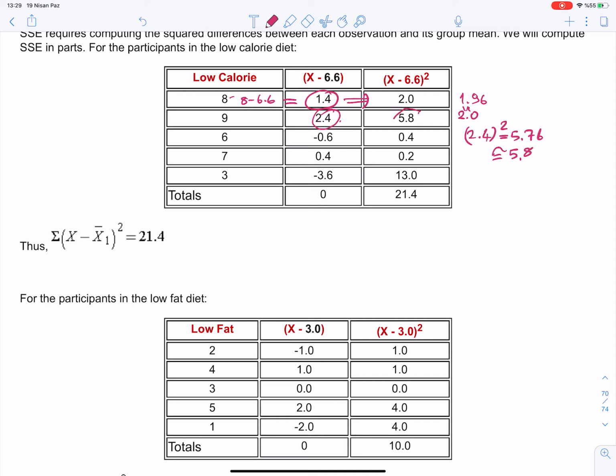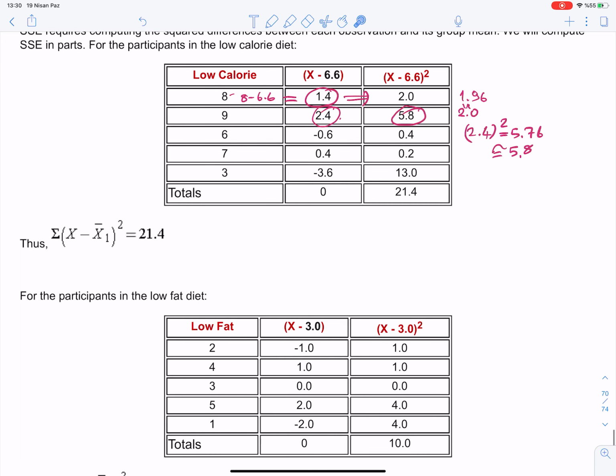That's how you get 5.8. And this is minus 0.6: the difference 6 minus 6.6 becomes minus 0.6, and the square becomes 0.36. Rounded to a single decimal place, you get 0.4. You complete the rest, and summing up all this becomes 21.4. That's how you get this value.